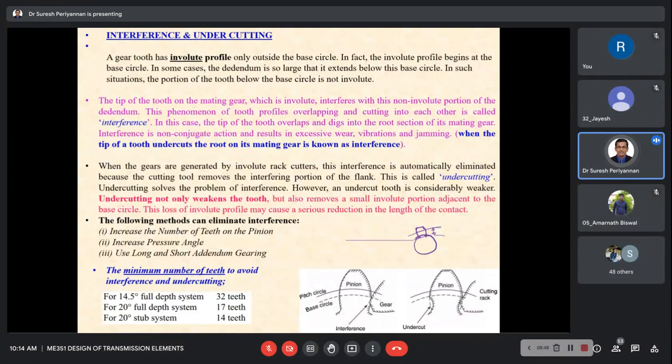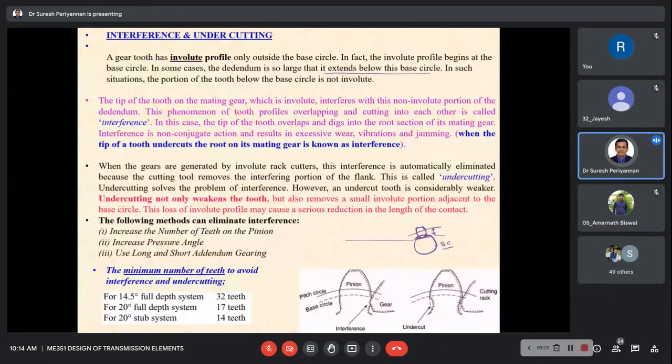The dedendum is so large in this case that it extends below the base circle. Now this is the base circle, but here the dedendum is starting from here. The tooth profile starts below the base circle.